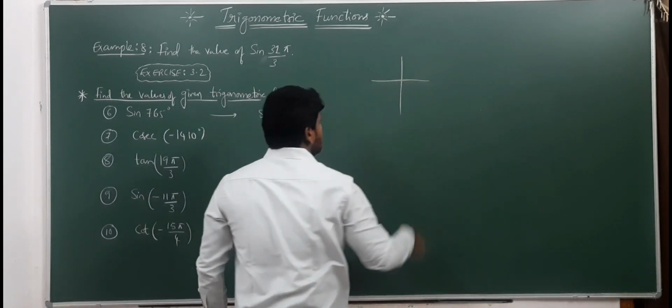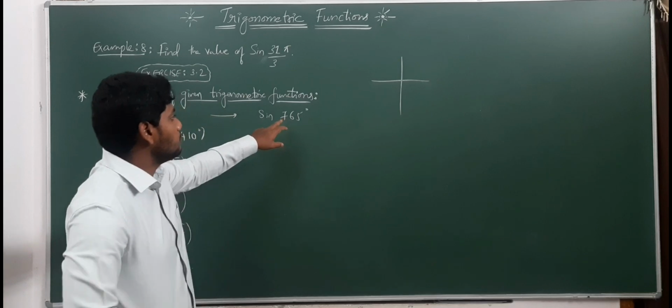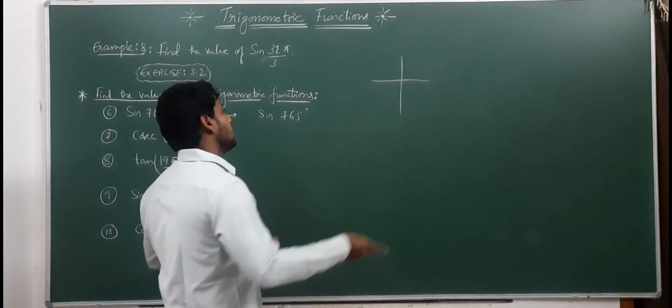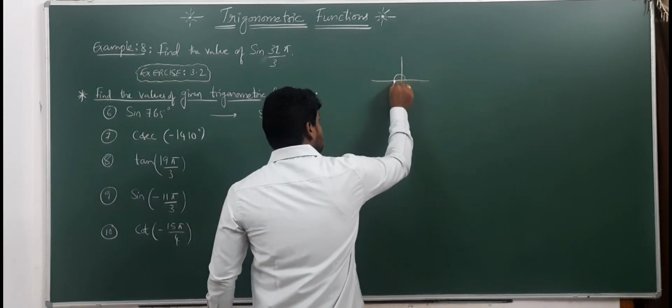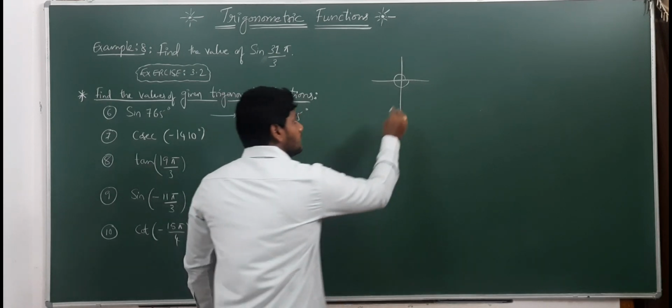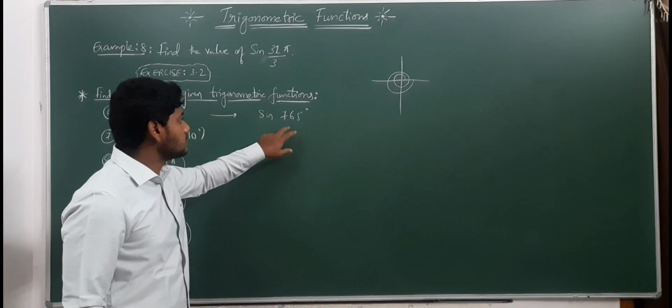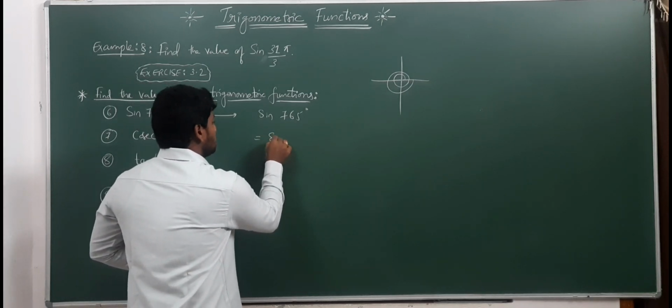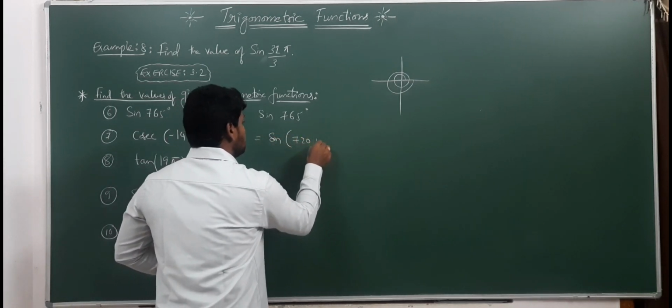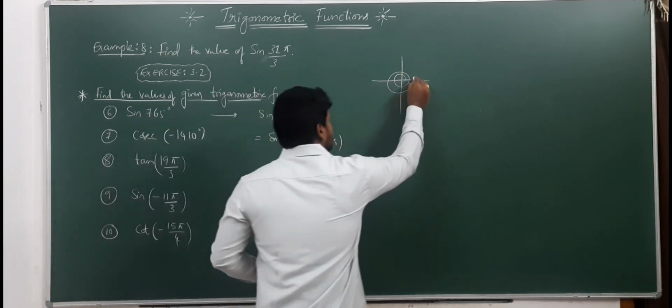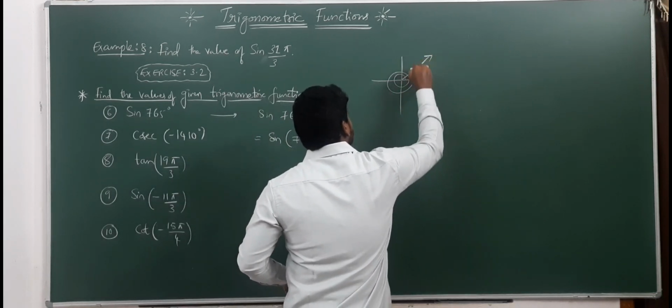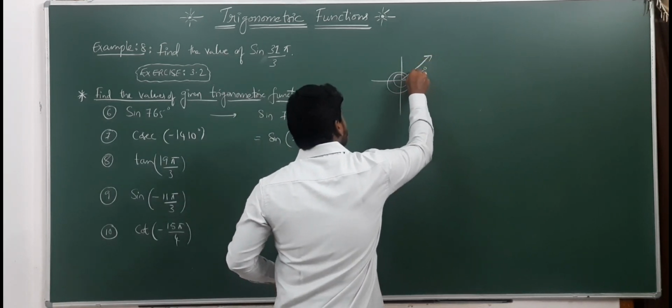If we consider a coordinate axis, 765, positive or negative? Positive, means anti-clockwise direction. This is 360 degrees. 360 plus 360, it will become 720. But this is what? 765. So this we can write 720 plus 45, which is in first quadrant.